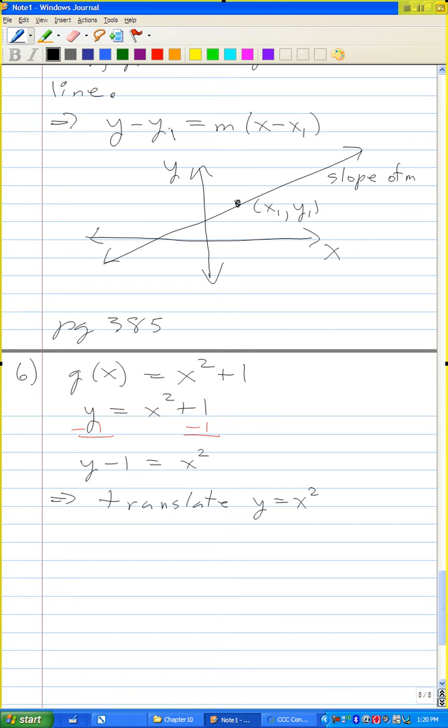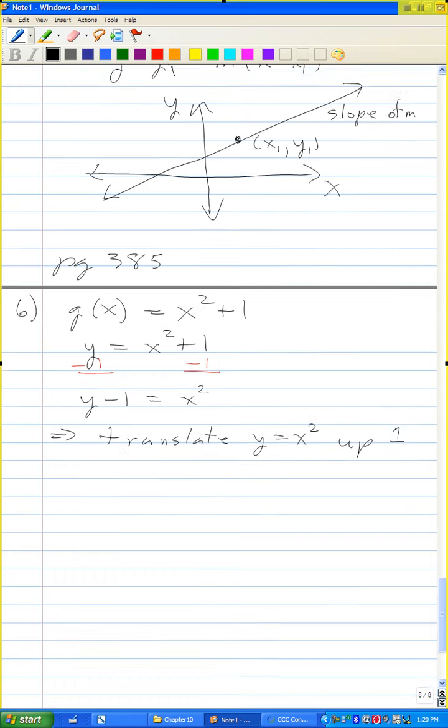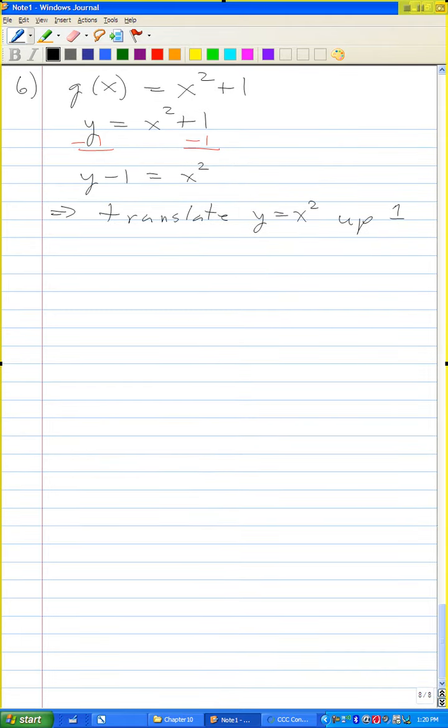I'm subtracting 1 from y, so I should go in the positive y direction. So I should go up 1 unit. And so let's sketch a graph of this.